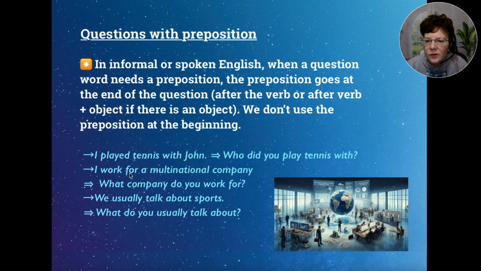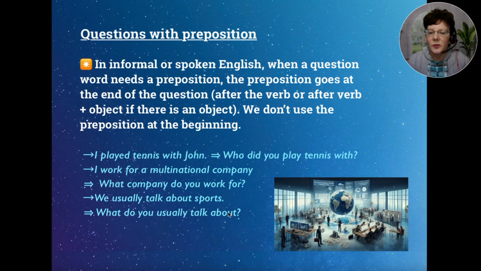That's the order. And then we usually talk about sports, and the question is, what do you usually talk about? So when there's a preposition before the object, the question just has the preposition at the end, especially when we're asking about the object.